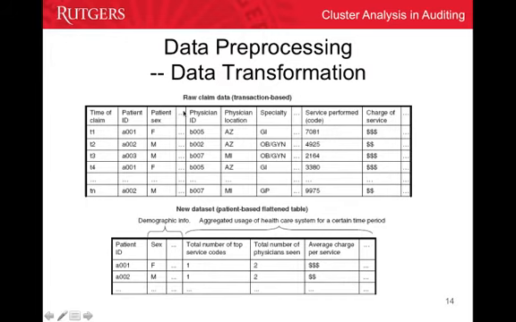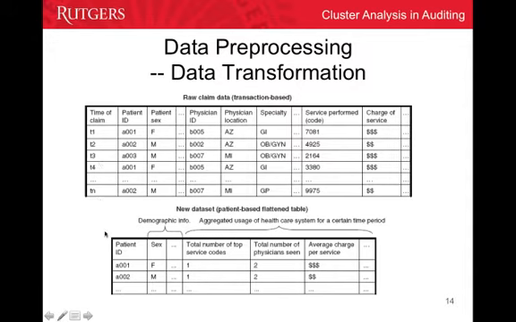And you can see that the attributes include the patient ID, the patient sex, some patient information, and also the physician's information, like the physician ID, the location, specialty, or some claim information like the charge or the time of the claim.